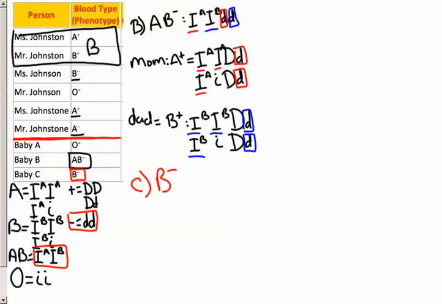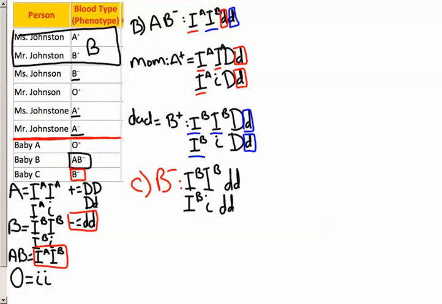So let's take a step back and actually figure out the genotype for baby C. So the baby could have the IB, and because he's negative, he has to have two little d's, or he could have IB and little I, because the little I is the recessive allele.